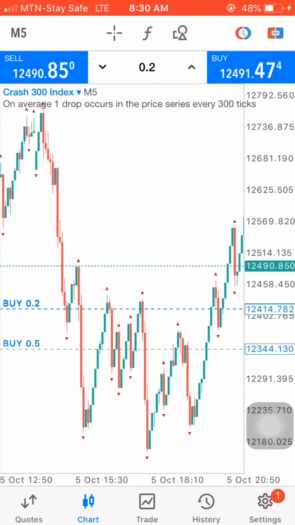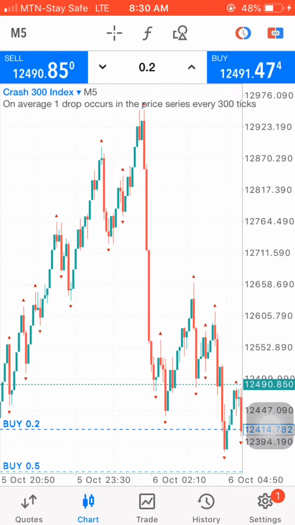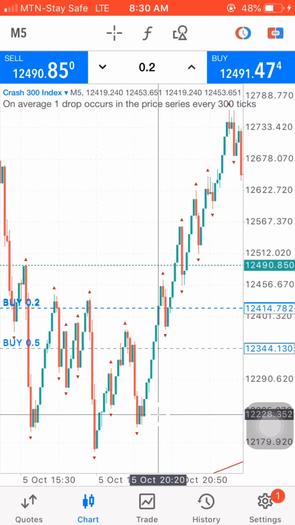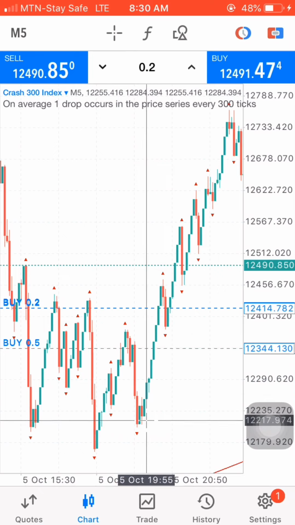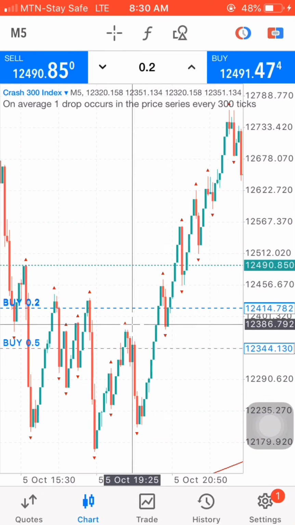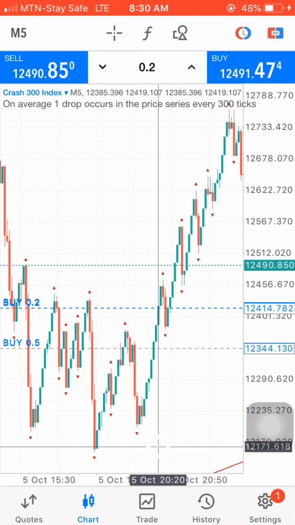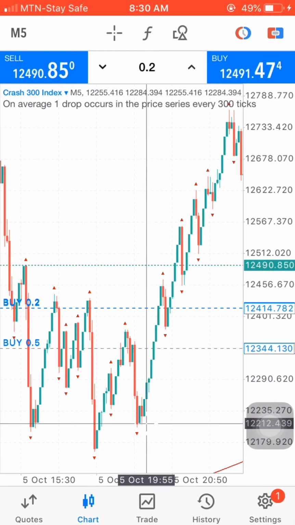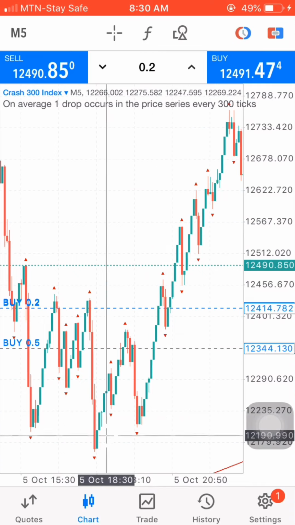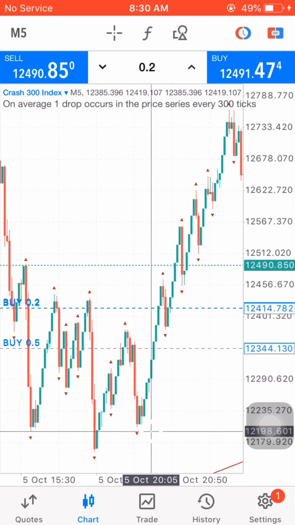I'm going to take you back and show you another example. Now here is another one. Here is where the market stopped, and here is where the last fractal was created. Of course, if you are using price action, you will be able to determine the time to get into this trade.